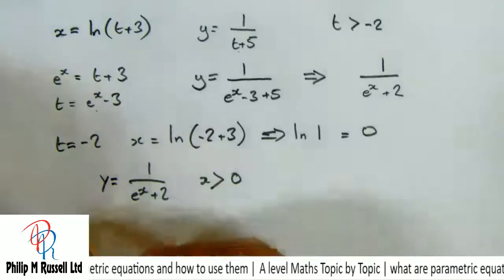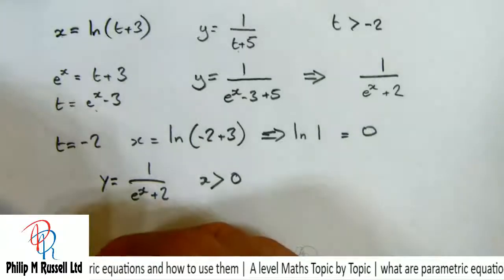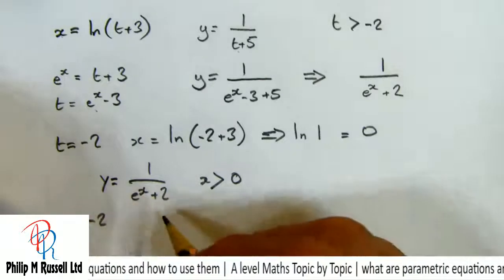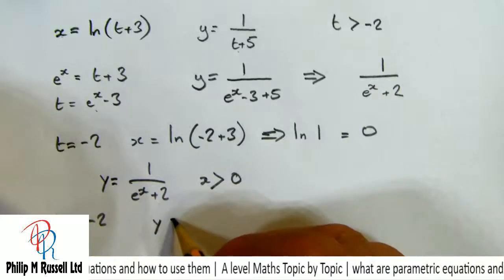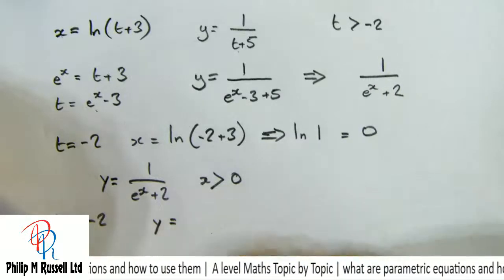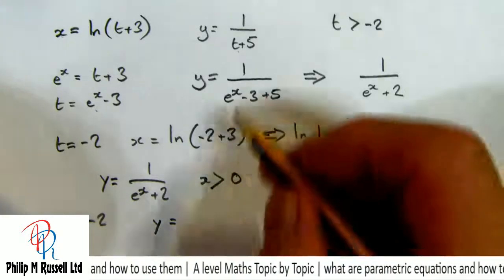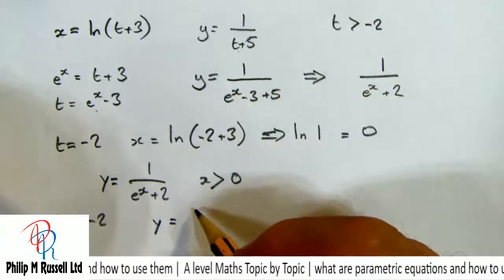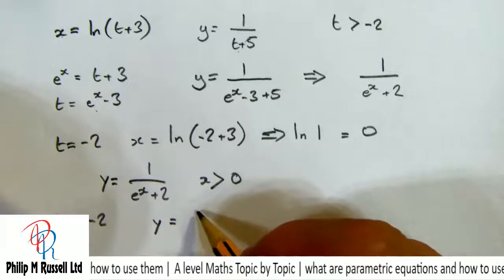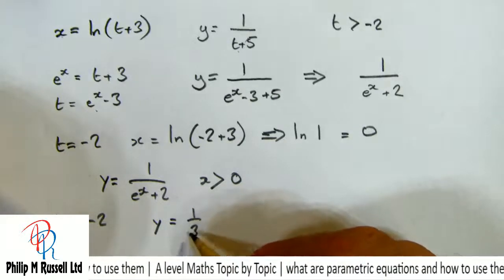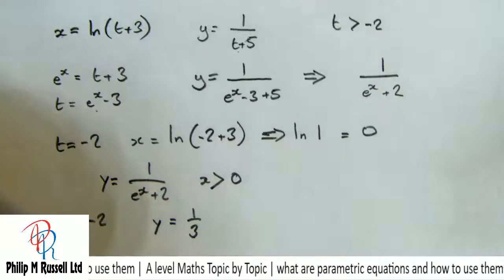Well, we know that when t is minus 2, then y is going to equal, looking at the original equation, 1/3.